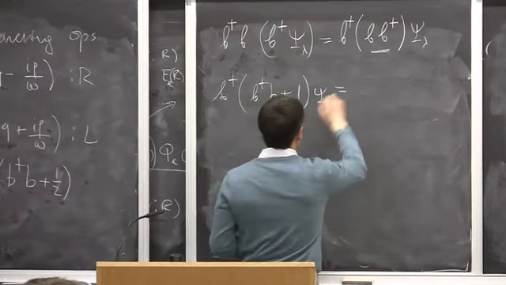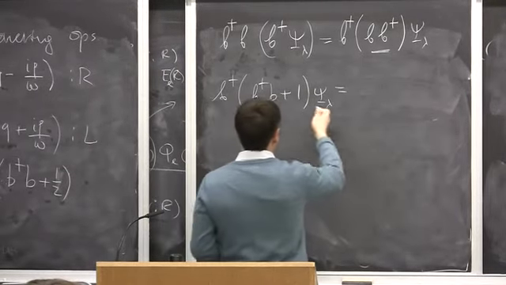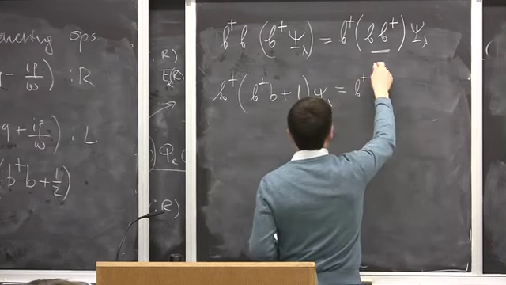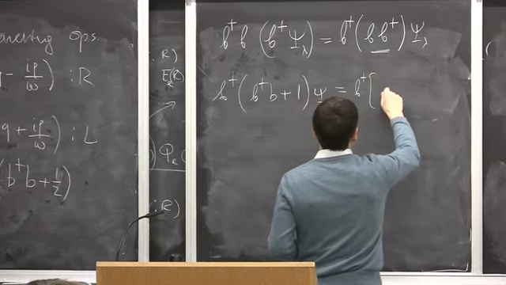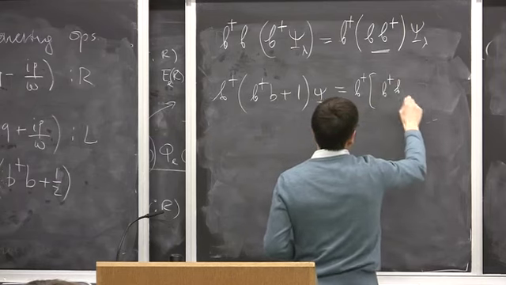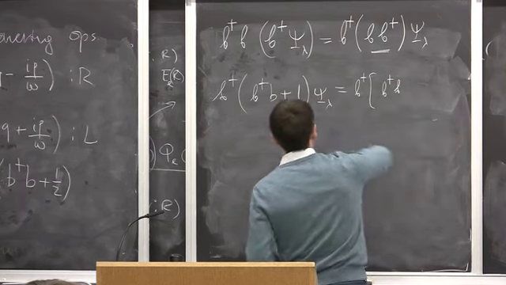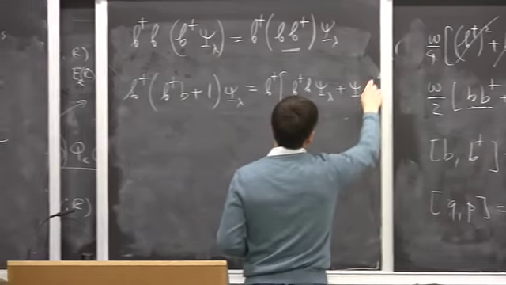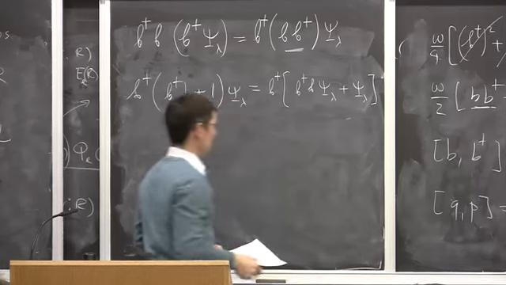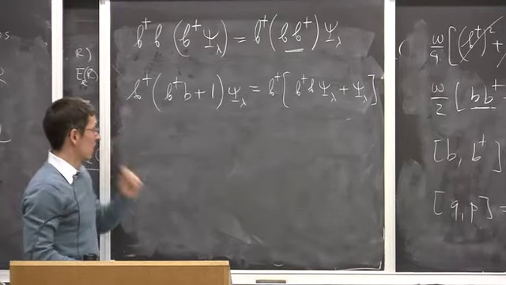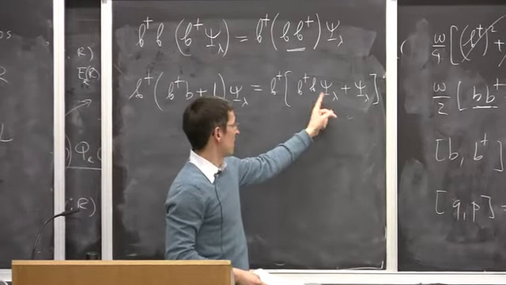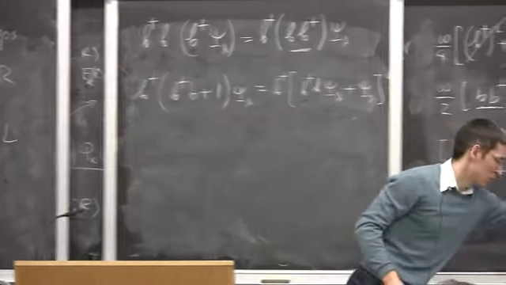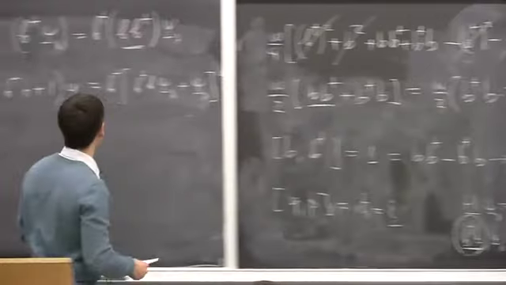So then we open the brackets. We have b dagger, and then we kind of put the psi lambda inside. Also, we know that psi lambda is an eigenfunction of b dagger b. That was our starting point.